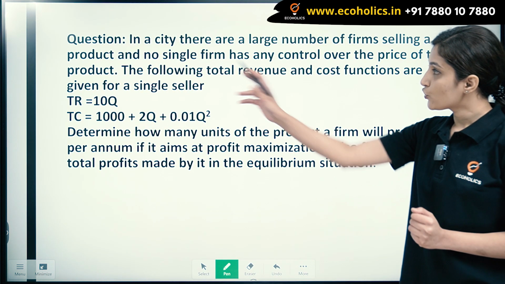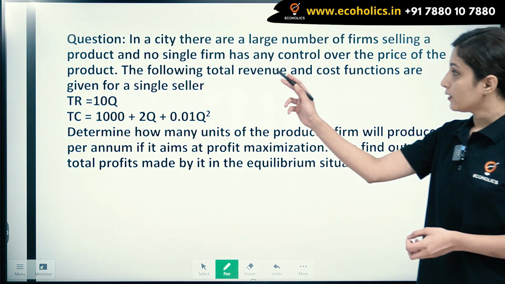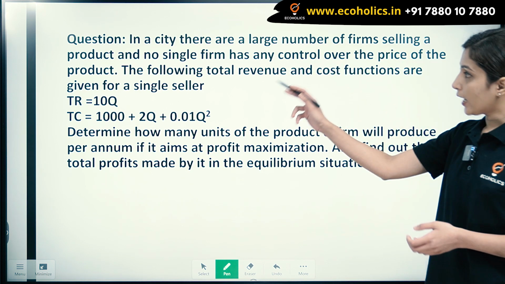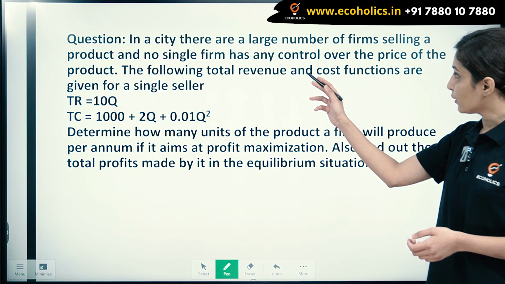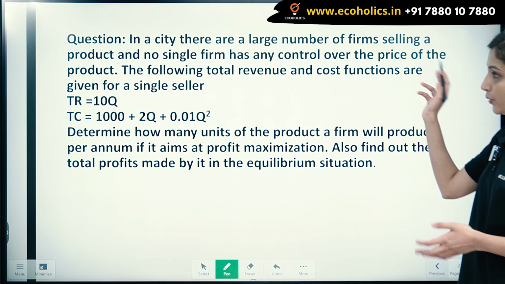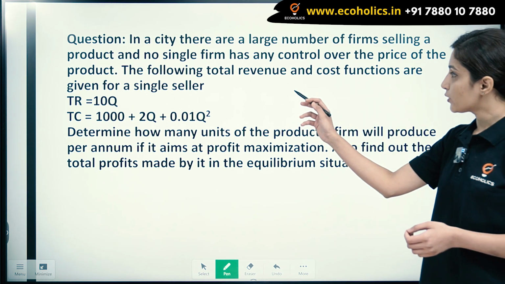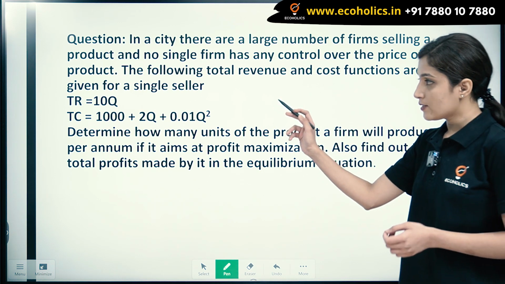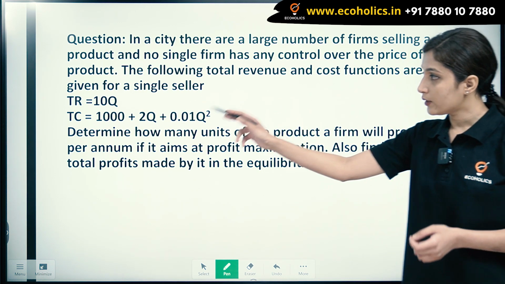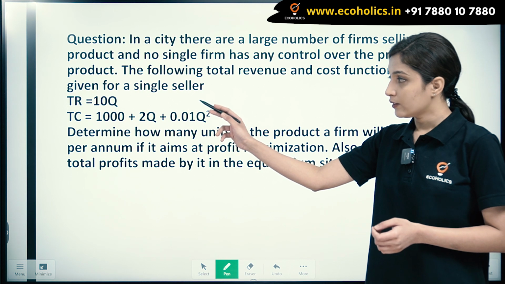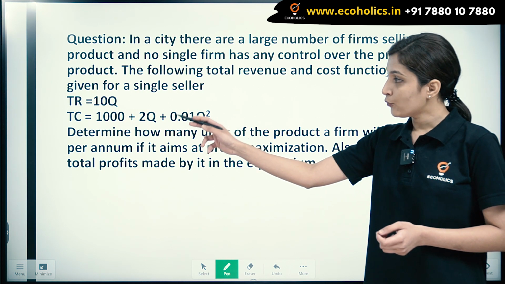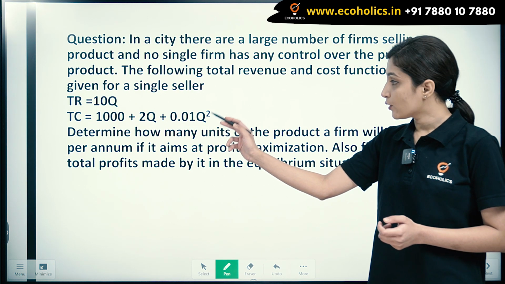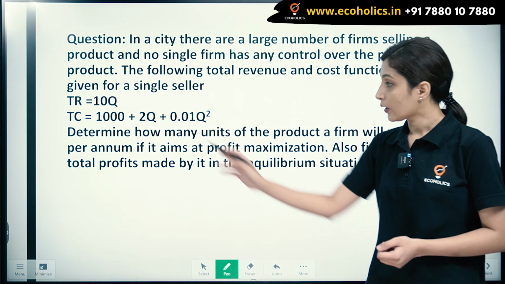Now, our question is: in a city, there are a large number of firms selling a product and no single firm has any control over the price of the product. The following total revenue and cost functions are given for a single seller. We have total revenue as 10Q and total cost as 1000 plus 2Q plus 0.01 Q square.